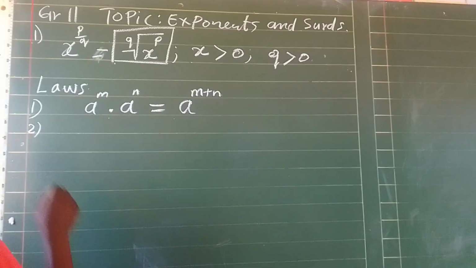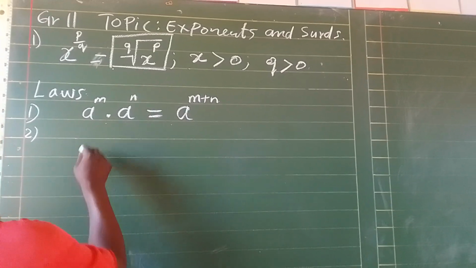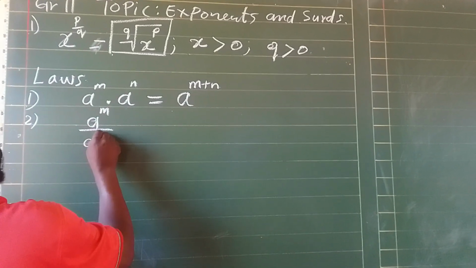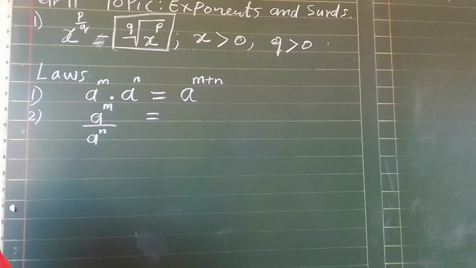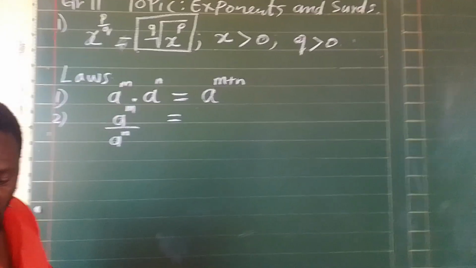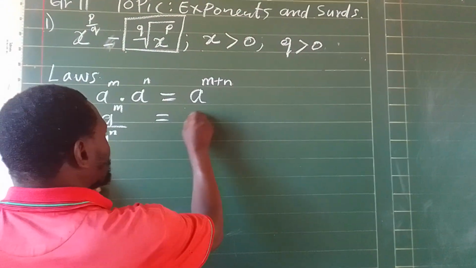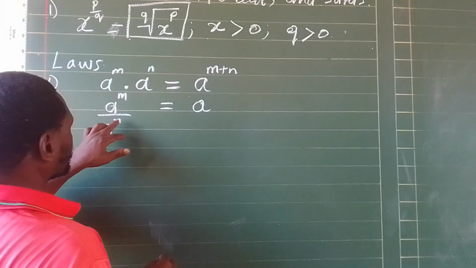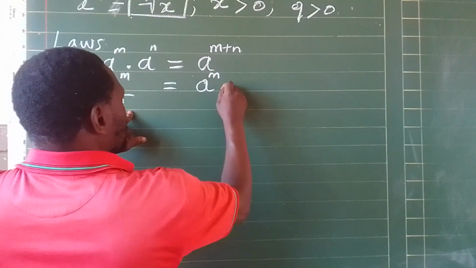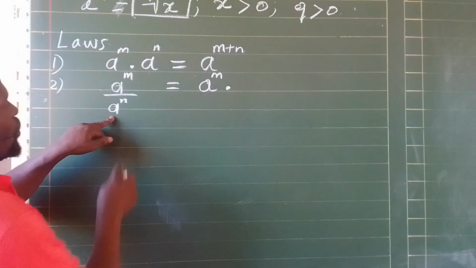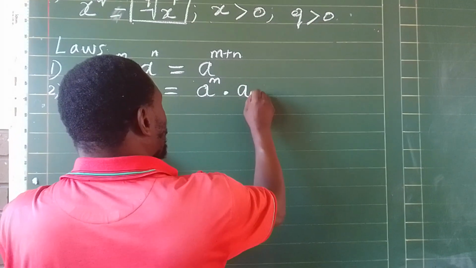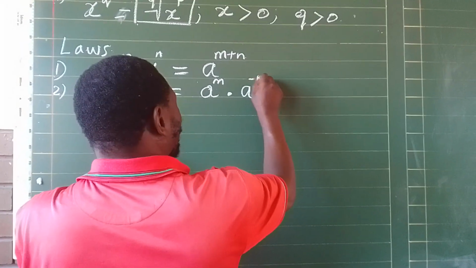Law 2 says that a to the power m divided by a to the power n is equal to, because you have the same common base, you write the same base a. You take this to the power m. If it is division, you can multiply. You take a to the power n to the power minus n.